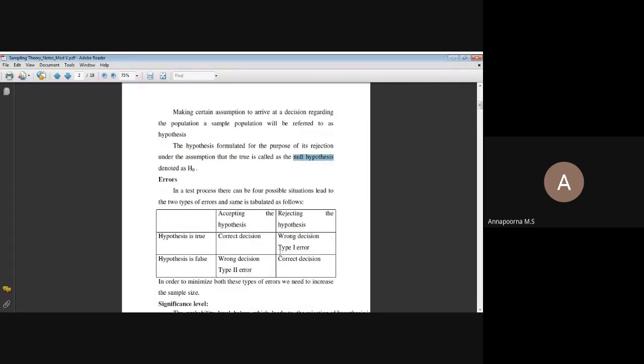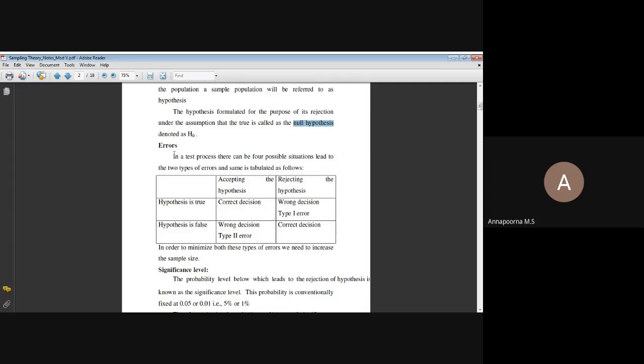So here there are two types of errors: type 1 error and type 2 error. What does type 1 error mean? Rejecting the true hypothesis is mentioned as type 1 error. This is an error because we are rejecting the true hypothesis.